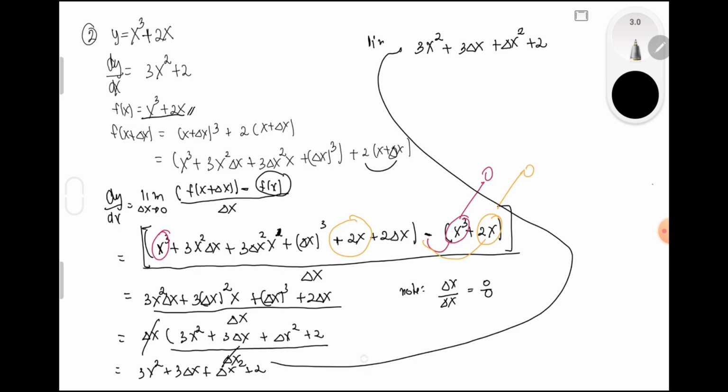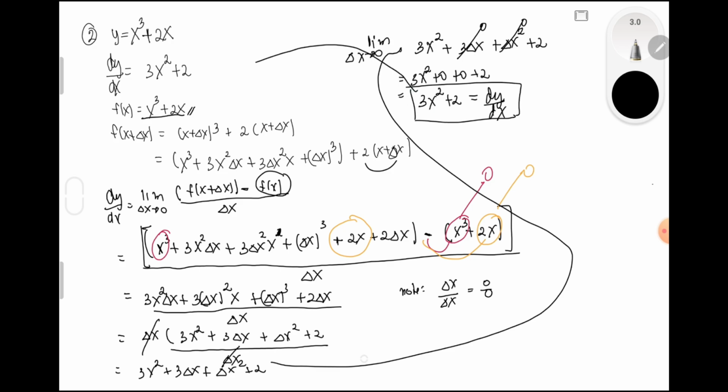So, getting the limit of this function as delta x approaches 0, we'll have a value equal to 3x squared plus 0 plus 0 plus 2, which is equal to 3x squared plus 2, which is also equal to our dy over dx.